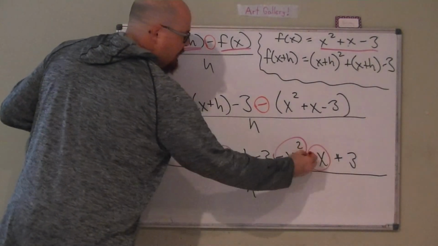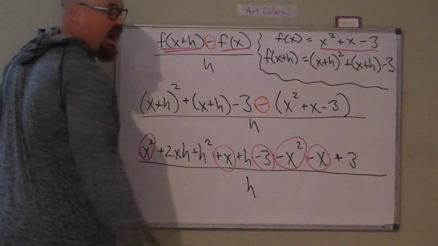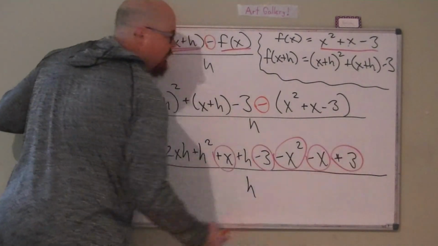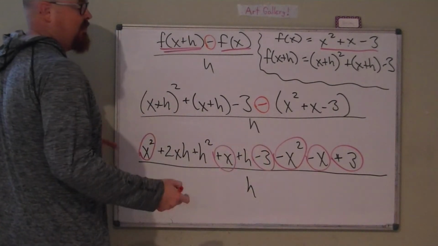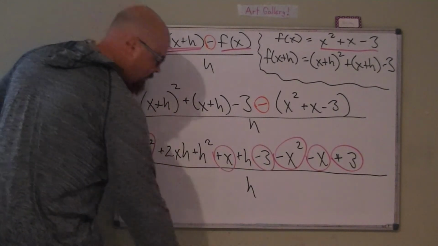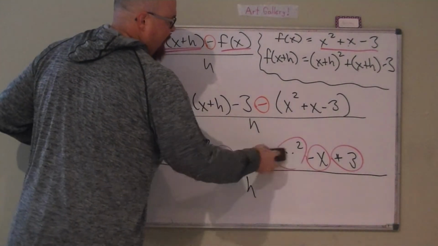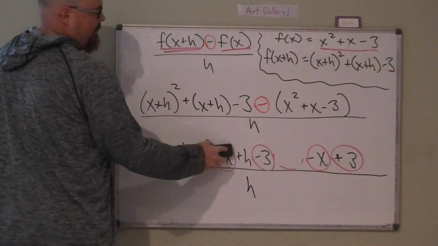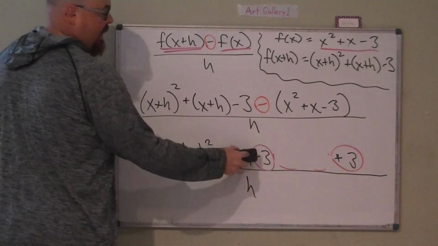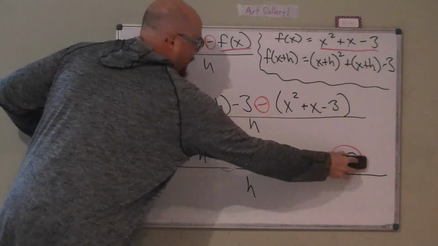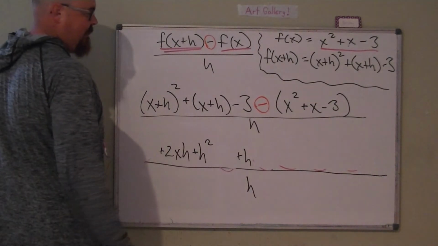I have its opposite here. Negative 3 doesn't have an h. I have its opposite over here. So every term that didn't have an h also includes its opposite in the numerator, and they're going to cancel each other out. So the x squared and the minus x squared disappear. The positive x and the negative x disappear. The negative 3 and the positive 3 disappear. And I'm left with just this statement.